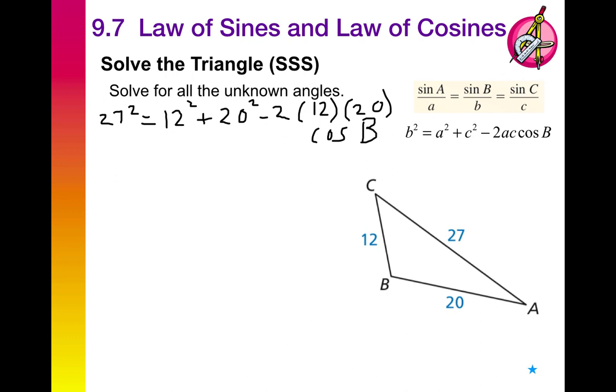When I calculate all of this out and move things around, I'm going to find that B is equal to the inverse cosine of a very large equation.